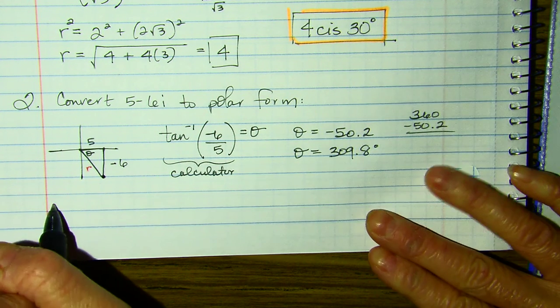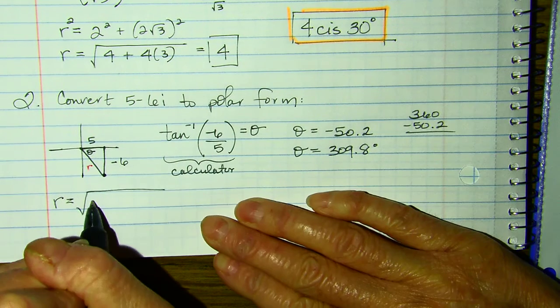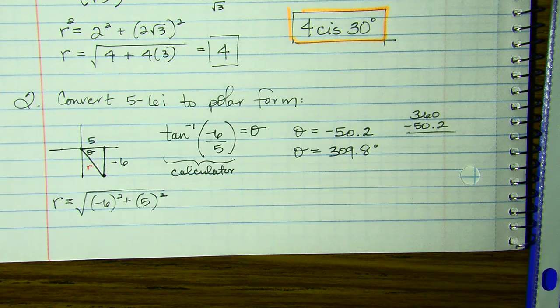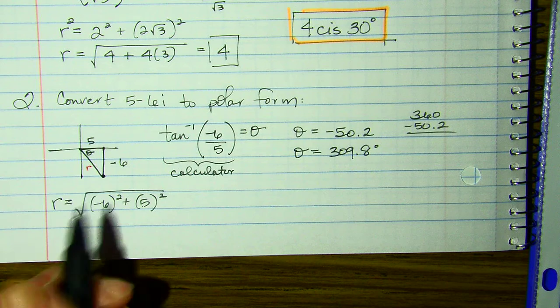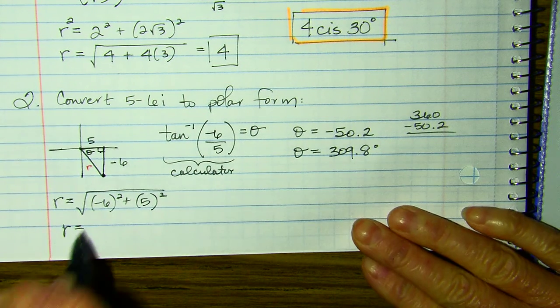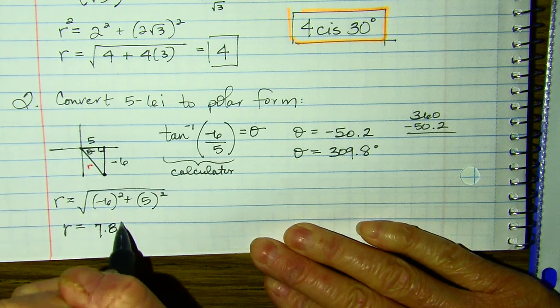So now I need to find r. So r will equal the square root of negative 6 squared plus 5 squared. And all I've done is skip r squared equals a squared plus b squared, right? I'm just doing the Pythagorean theorem. And so for r, I get 7.81.